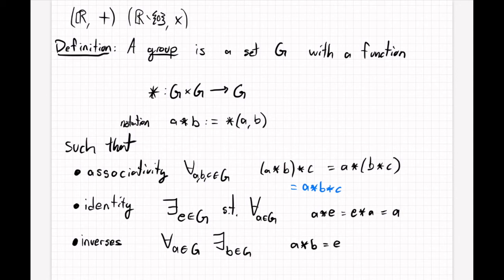For addition, I put minus A for B. For multiplication, I put 1 over A. Because I'm not assuming that things are commutative, I better put B star A here as well.